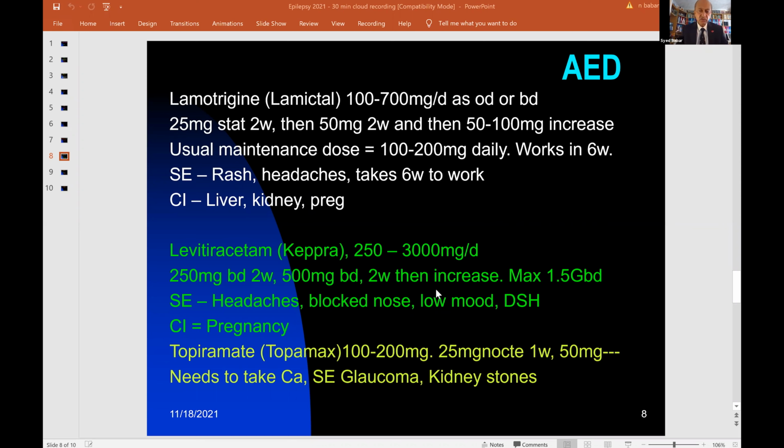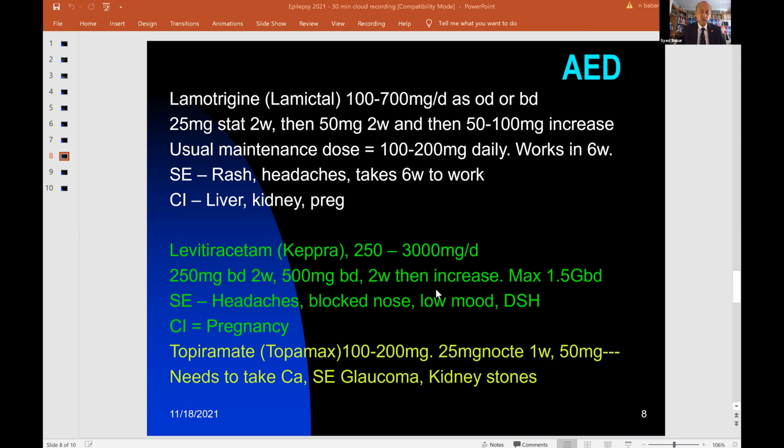Levetiracetam, also called Keppra, can be used between 250 to 3,000 milligrams per day, but it is introduced gradually at 250 milligrams BD, and then every 2 weeks the dose is increased, and the usual maximum is 1.5 grams given twice a day.